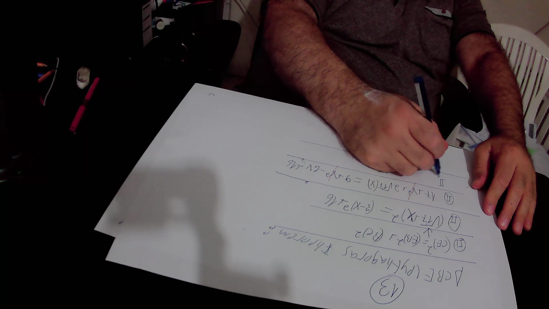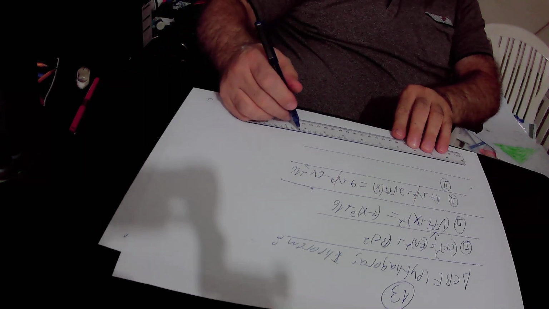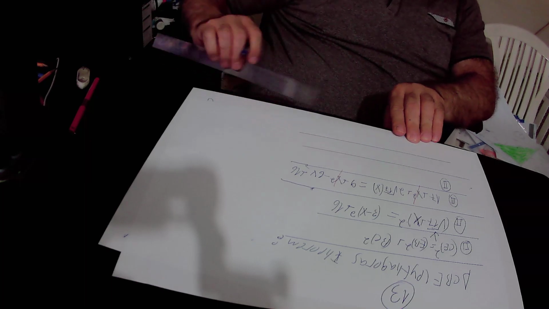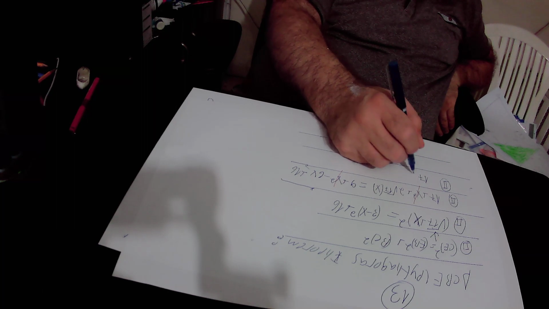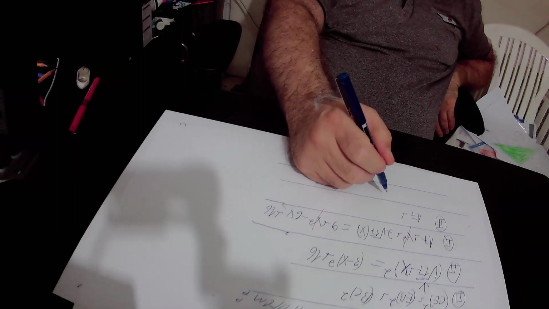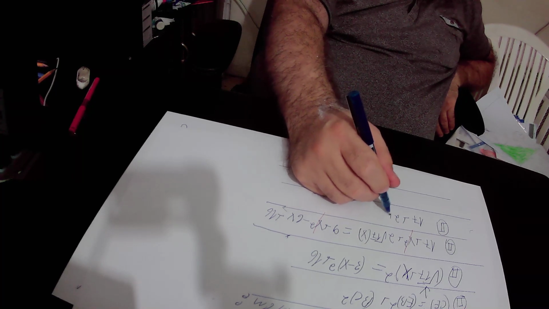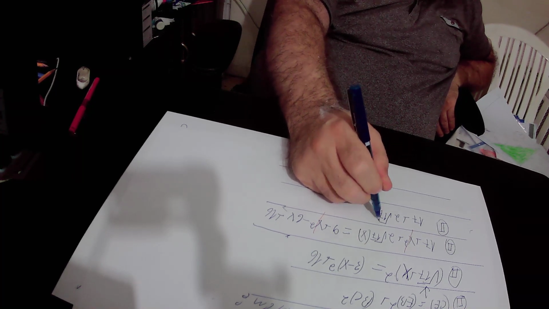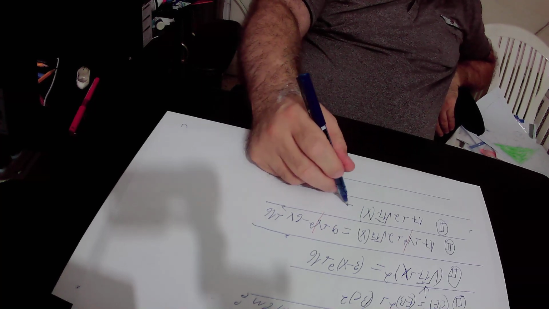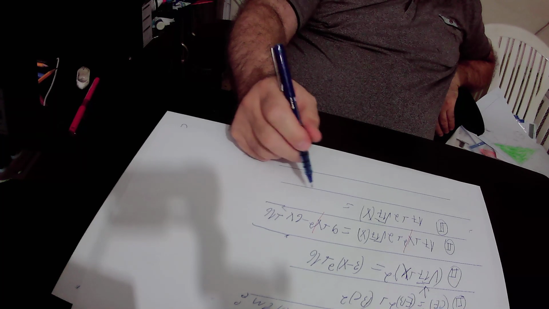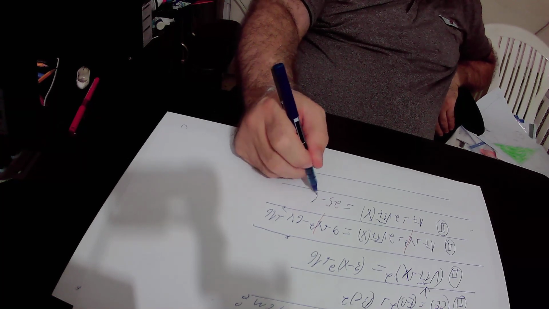We will get that 17 plus 2 times square root of 17 times x equals 9 plus 16, which is 25, minus 6x.